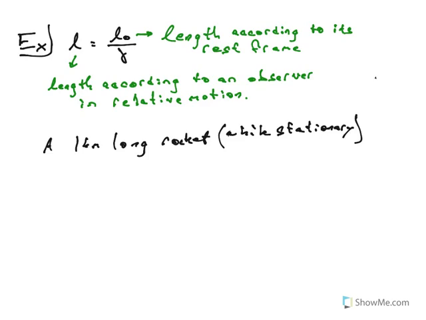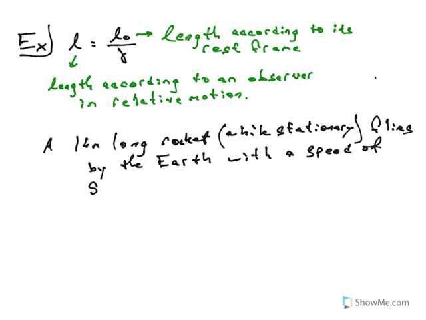This rocket flies by the Earth with a speed of 85% the speed of light. Okay?